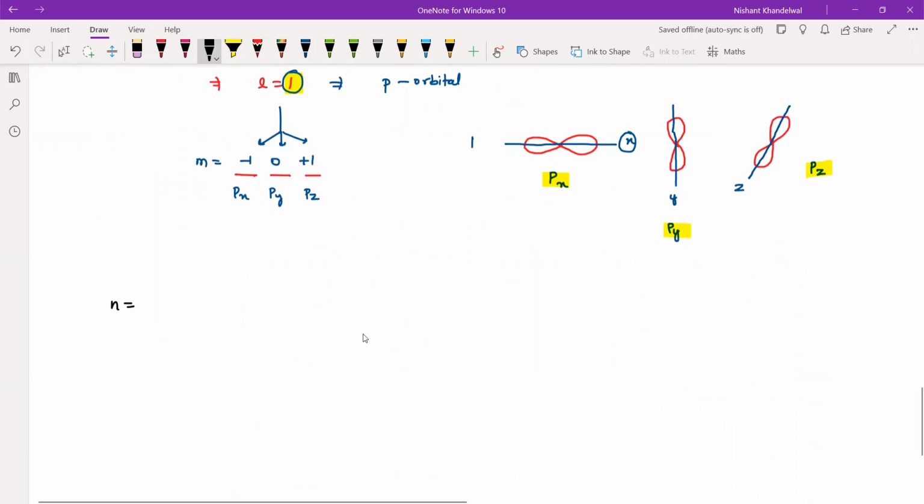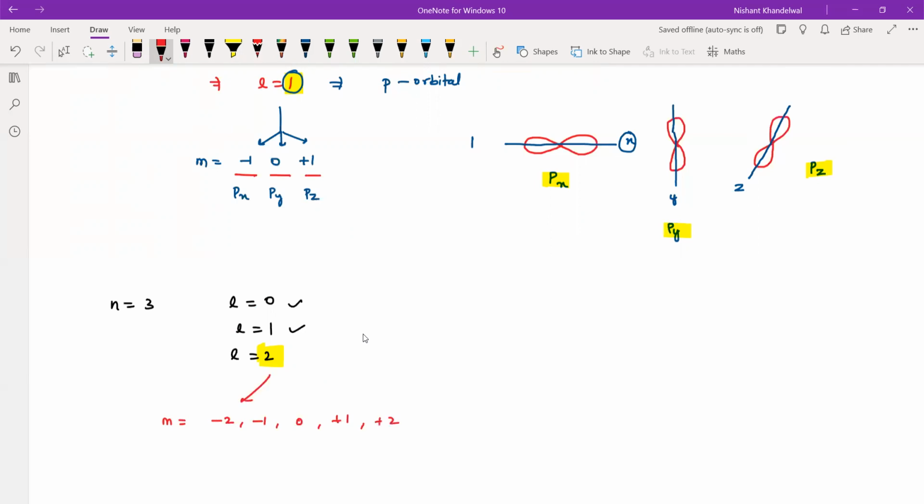Now suppose n is 3, so L can be 0, L can be 1, and L can be 2. So these all are discussed, 2 is remaining. So for L is 2, you can have 5 values of M. The values of M will be -2, -1, 0, +1, and +2. You have 5 values.